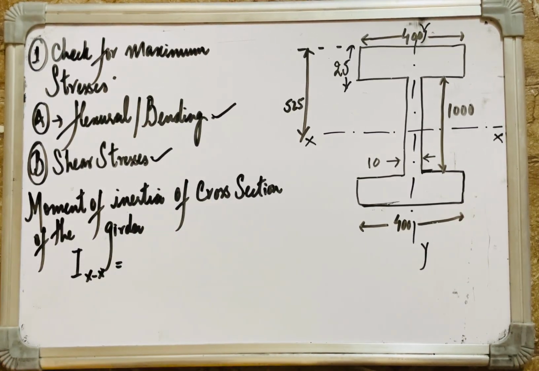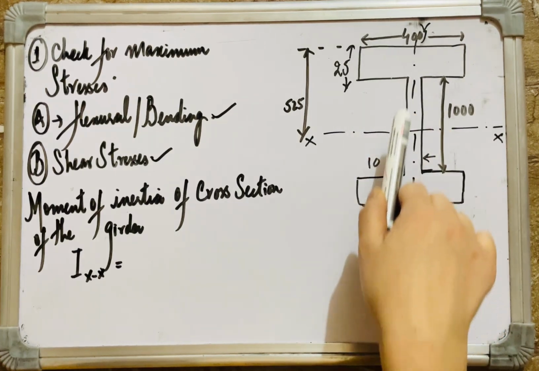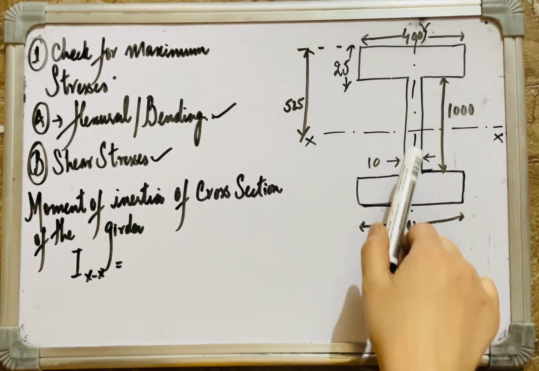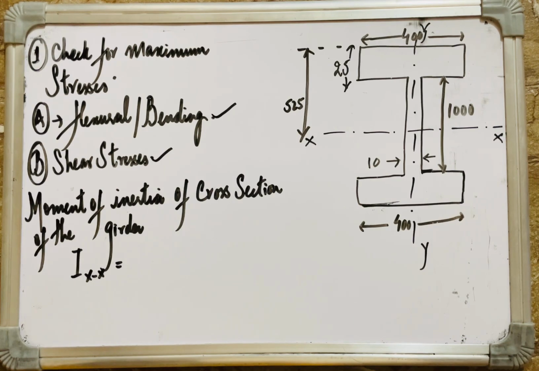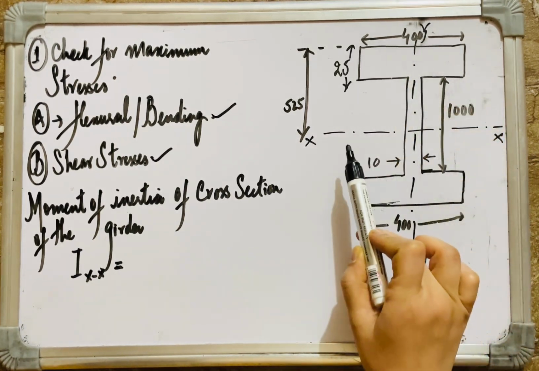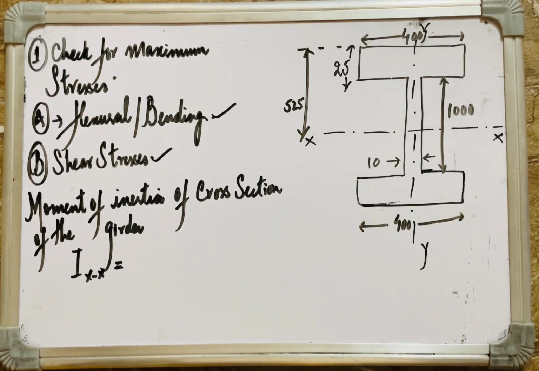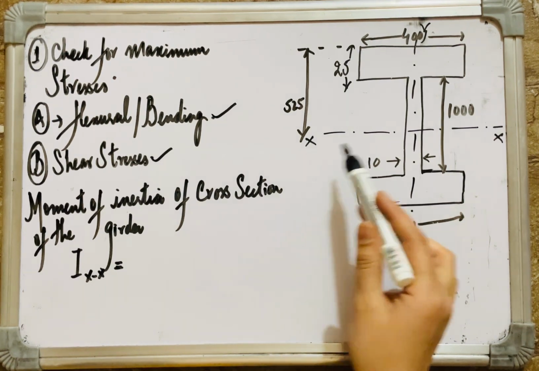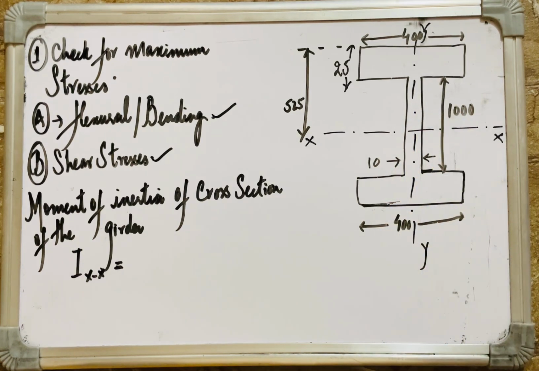These are rectangular sections, both the flange plates as well as the web area, and we know the moment of inertia of a rectangle about the x-x axis. Here this is the x-x axis and this is the y-y axis. We'll be calculating the moment of inertia about both axes, x-x as well as y-y.